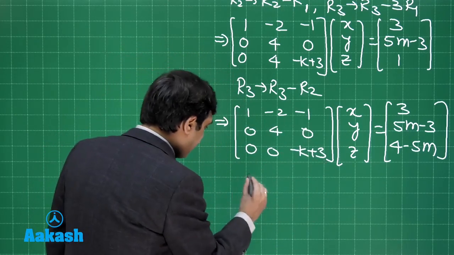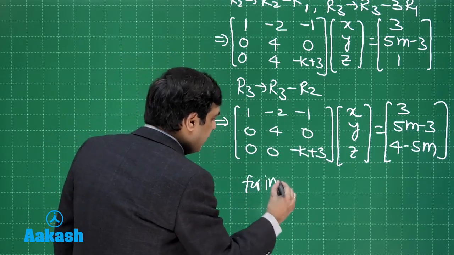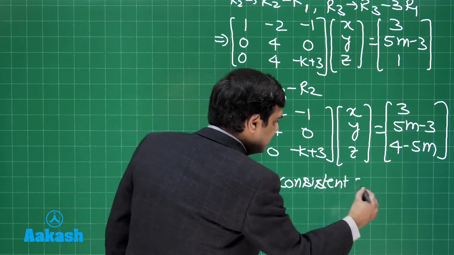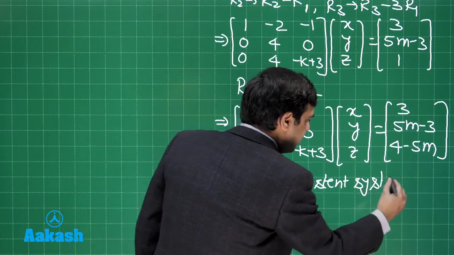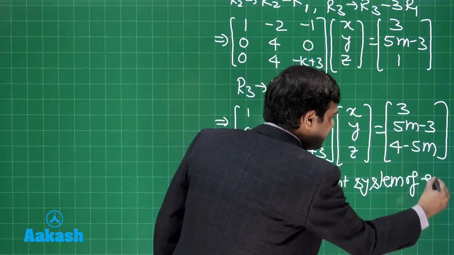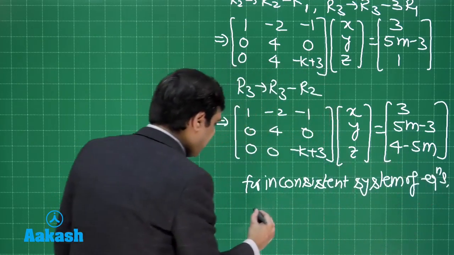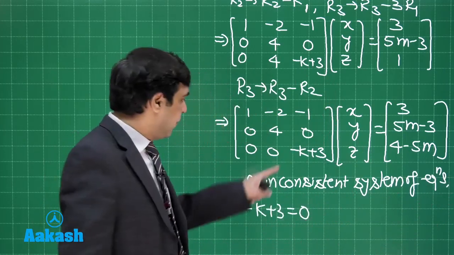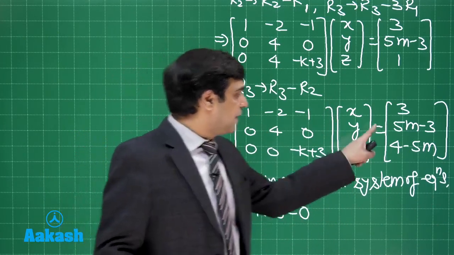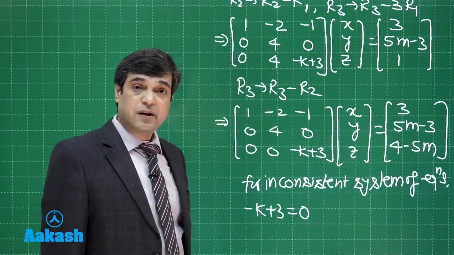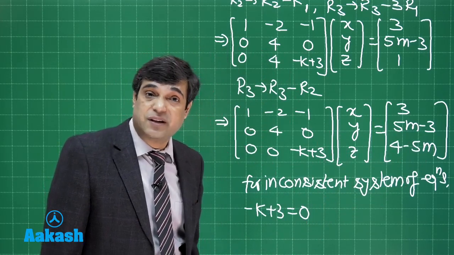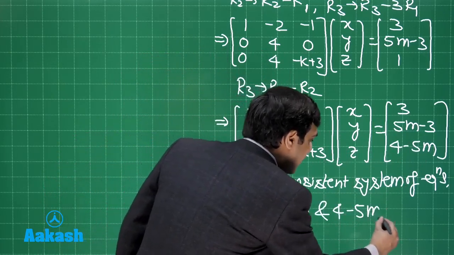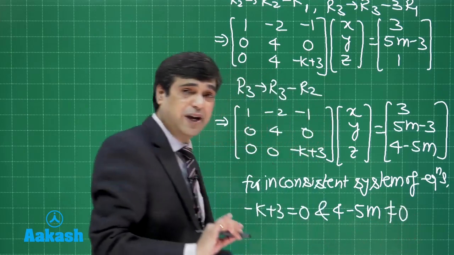So for an inconsistent system of equations, first requirement is minus k plus 3 has to be 0. Now once it is 0, if you say this is also 0 simultaneously, you may get infinitely many solutions. So at the same time just say 4 minus 5m is not equal to 0, that's all.